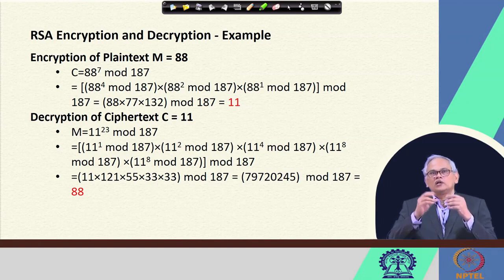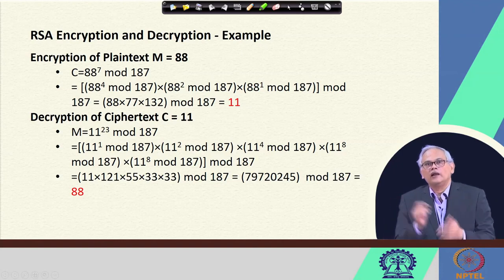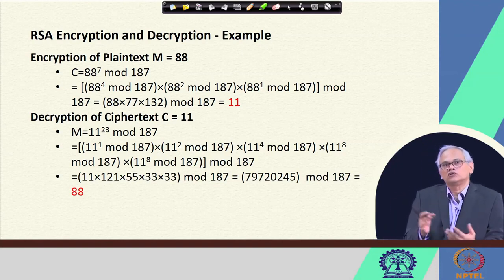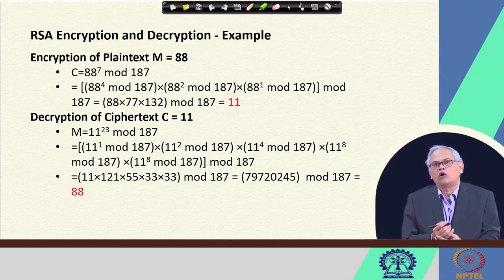Now, we can do a little bit of jugglery where we slightly arrange this modulus so that we do not have to raise 88 to a very large value and then try to apply a mod on that.